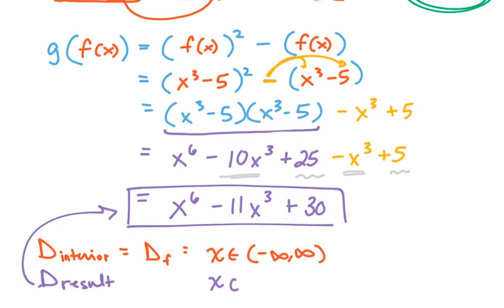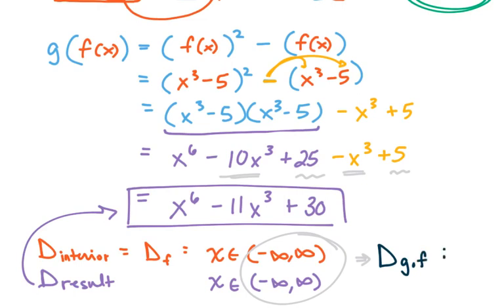This is a 6th degree polynomial, and that domain is also all real numbers. So if we look at the overlap where these two intersect, our final answer for the domain of g of f will also be that x is in the set from negative infinity to positive infinity, all real numbers. And so that will be our domain for this problem.